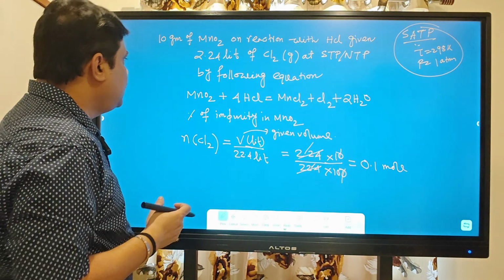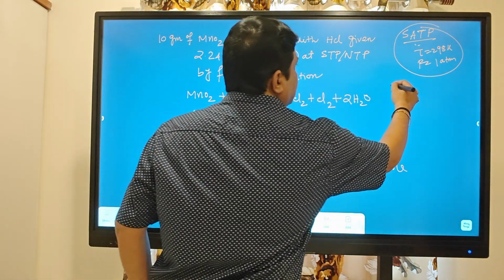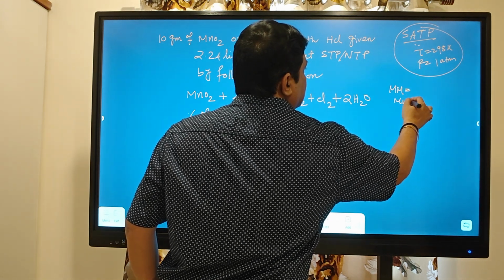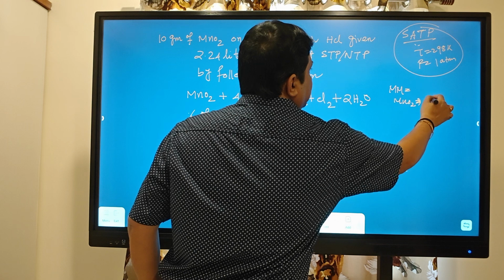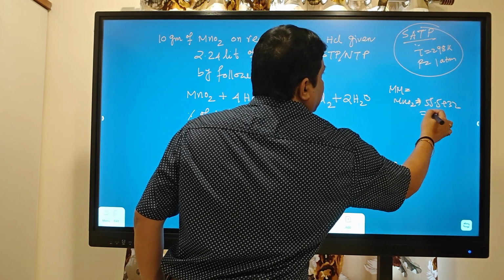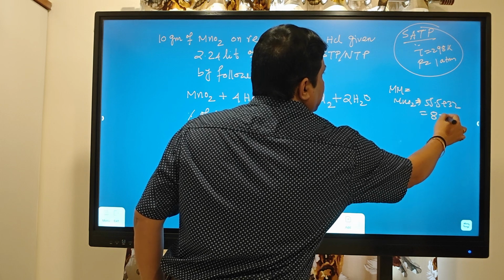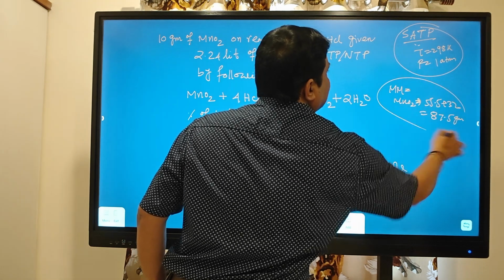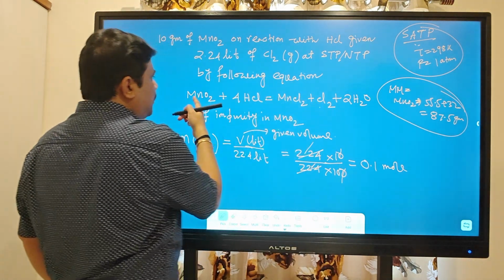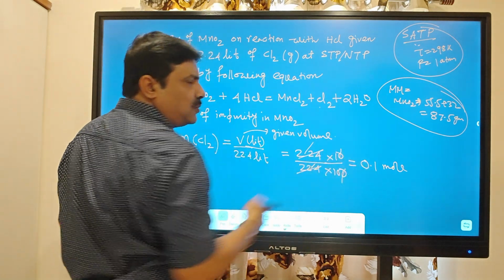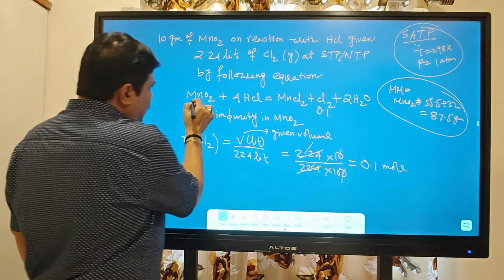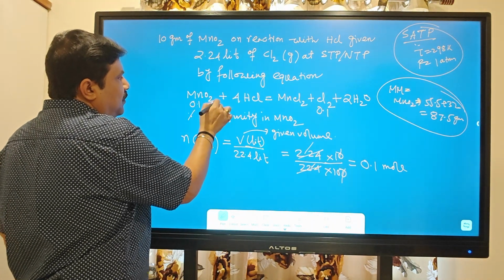So then immediately, look at the molar mass of MnO2. Molar mass of MnO2 will be equal to manganese 55.5, oxygen 2 into 16 is 32, which gives rise to 87.5 gram. This is the molar mass of MnO2. Now 1 mole of chlorine comes from 1 mole of MnO2. We got 0.1 mole of chlorine, so 0.1 mole of chlorine definitely will come from 0.1 mole of MnO2.